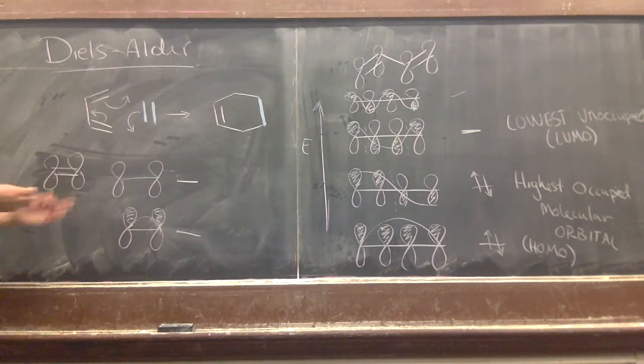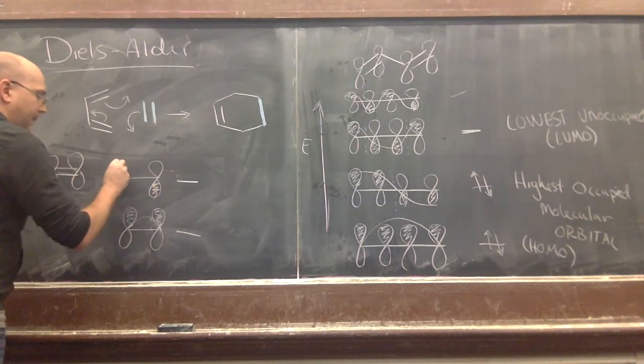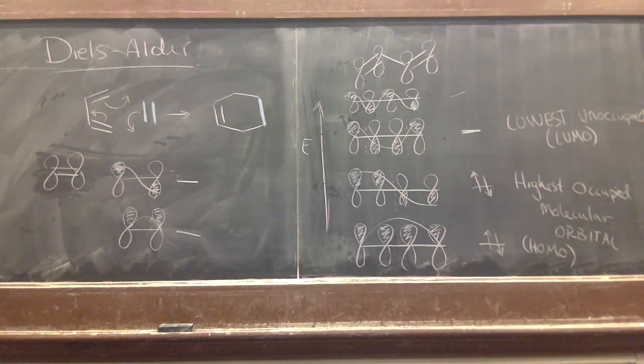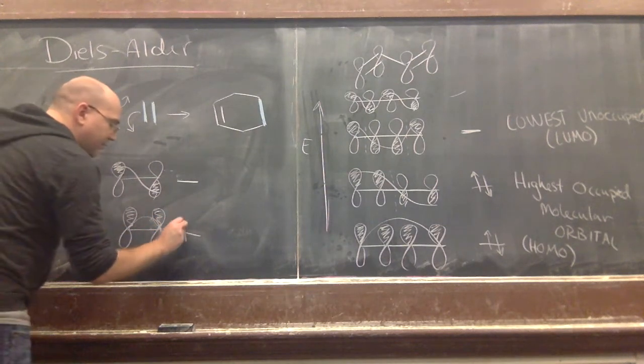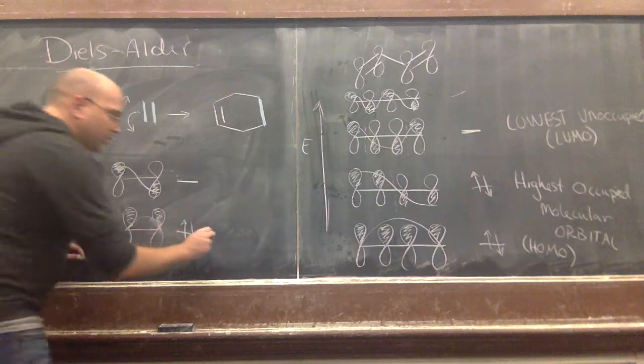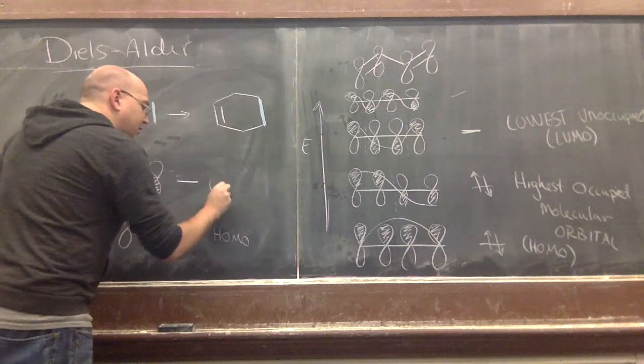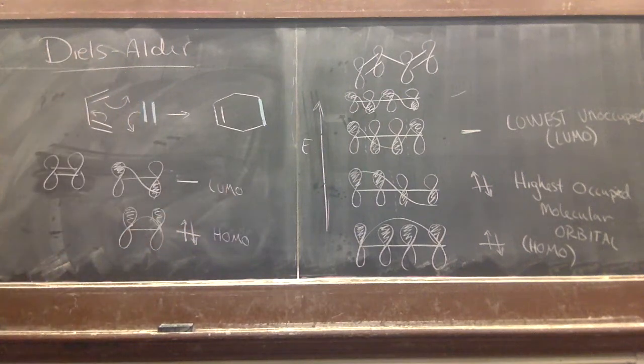And the only other possibility is one node, which would look something like that. Of these 2, we've only got 2 electrons in the system, so we're going to fill those up. The bottom one we would refer to as the HOMO, and the top one is the LUMO, okay?